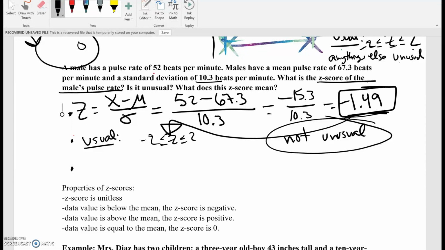Now my other question is, what does the z-score mean? So what does this -1.49 mean?